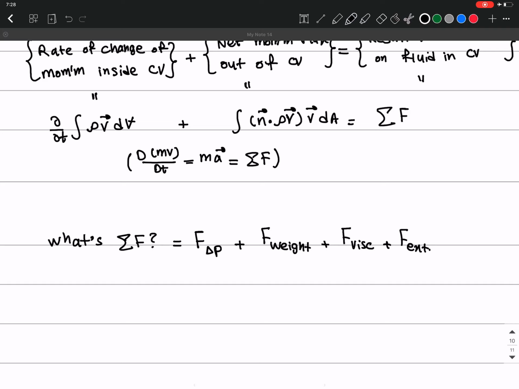So now I want to find the resultant force due to pressure differences acting on the fluid.